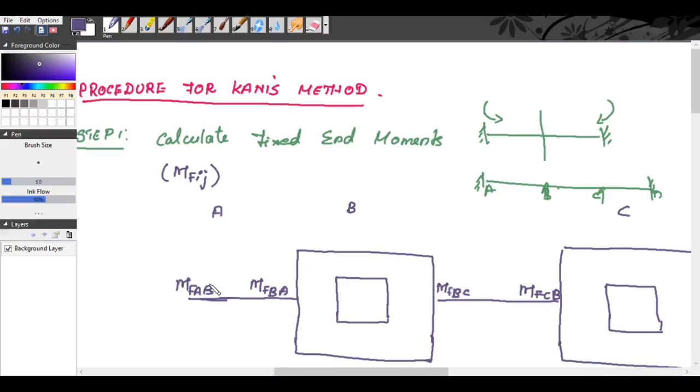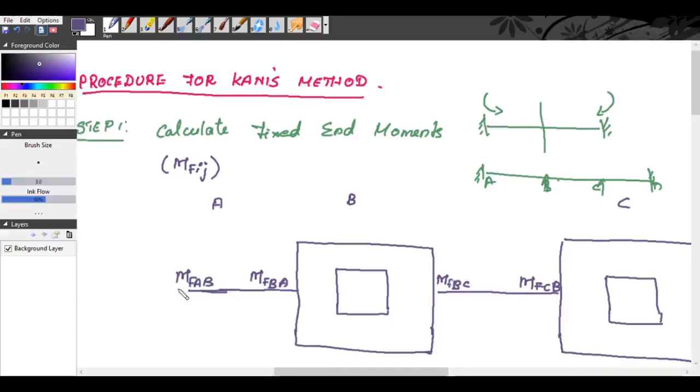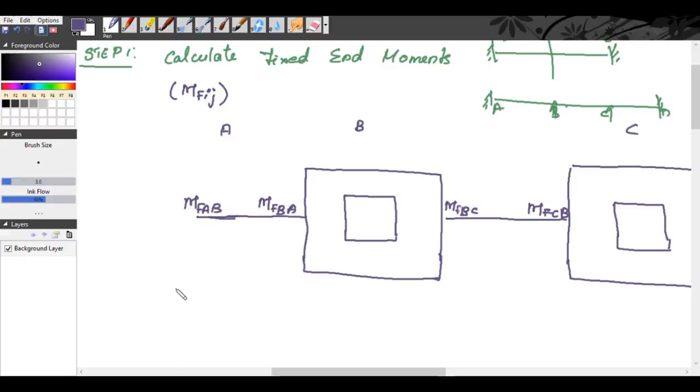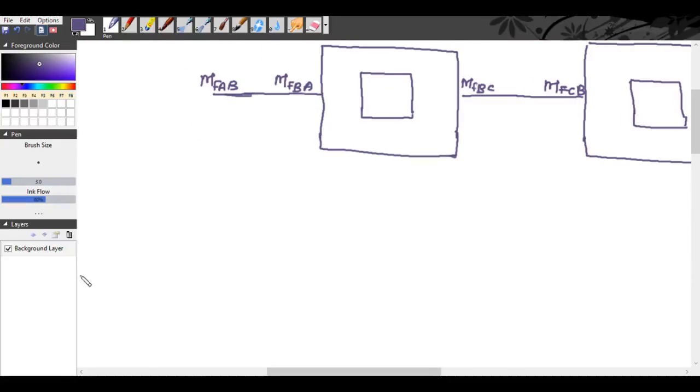Now step 2: calculate K values and rotation factors. Calculate the stiffness K, then find the distribution factor and find the rotational factors.